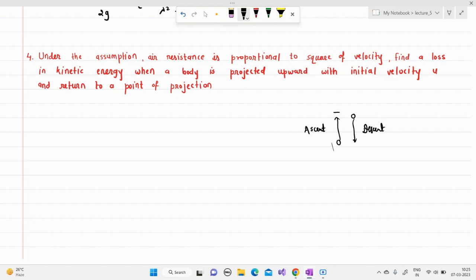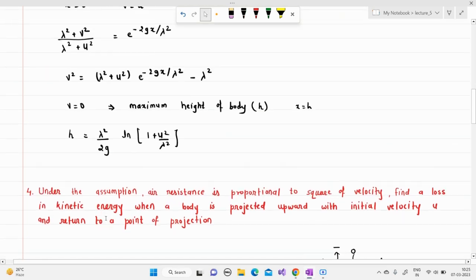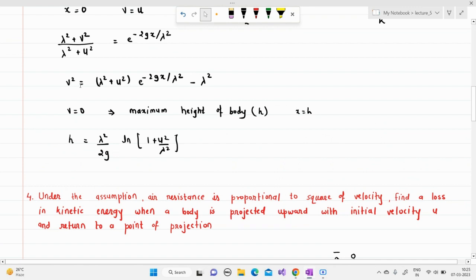Okay, so the height of the body and the velocity that we calculated in the earlier problem we will directly take from there, we will not do it again.